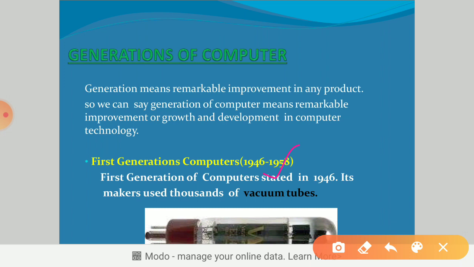The first generation computers used vacuum tubes. You can see in the picture, this is a vacuum tube. A vacuum tube consists of a glass bulb and a wire. The wire is used to carry data in the form of electronic signals.